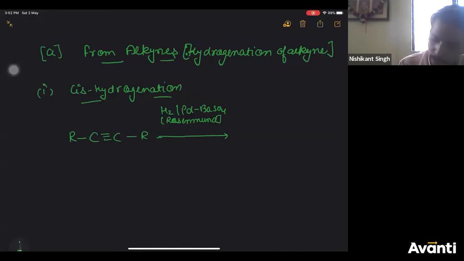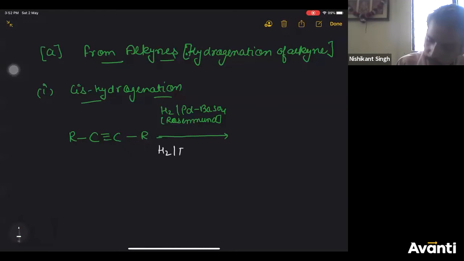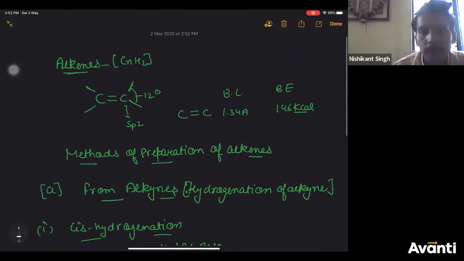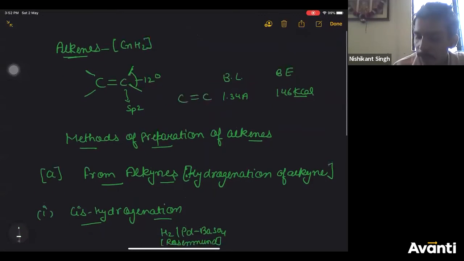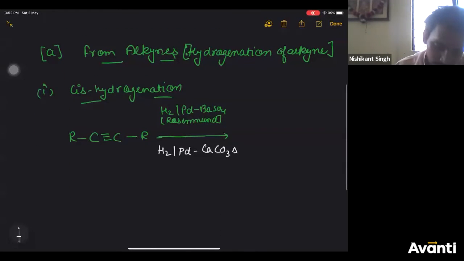Then you can also use H2, Pd-calcium carbonate with heat, right? You can use any of these. Now, this is another catalyst you can use.